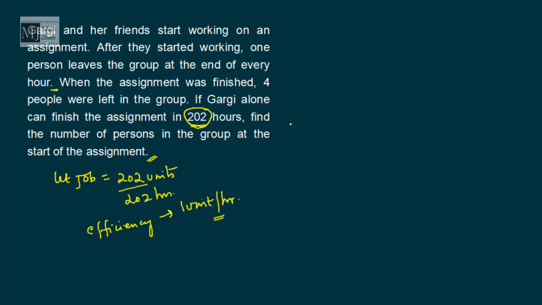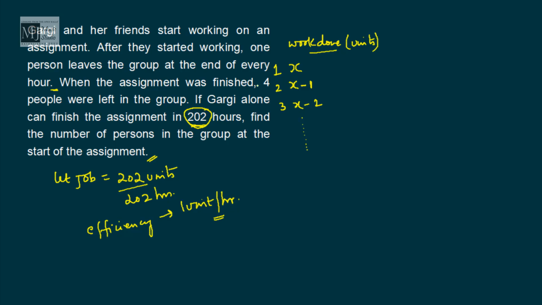Now they started with X number of people. Then after 1 hour, they are left with X minus 1. Since they started with X people, work done would also be X units in that first hour, second hour X minus 1 units are completed, in the third hour X minus 2 units are completed, and so on.